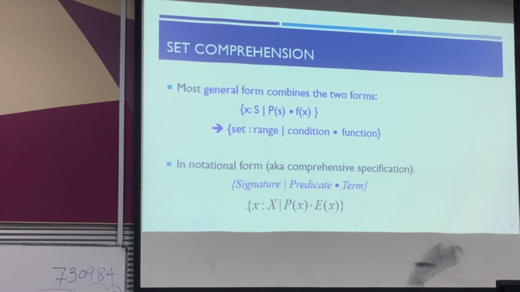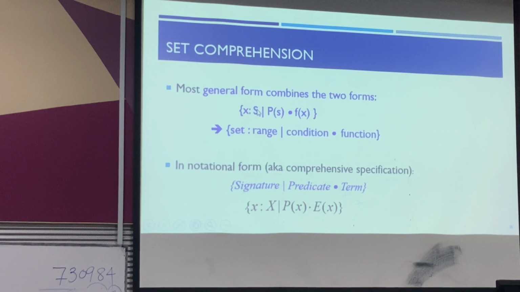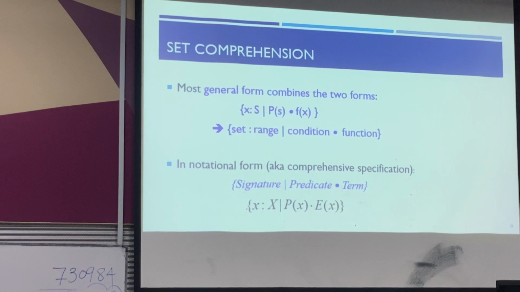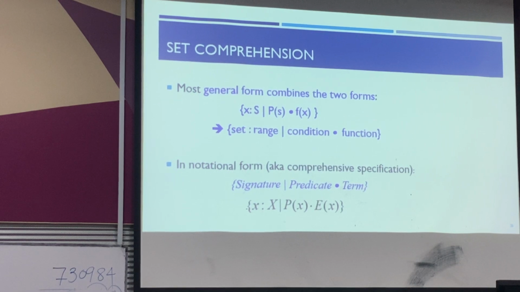So the general form, the part here is the signature, the declaration part, easier to say. Then your condition, then your function. So the arrangement is like that. You have the declaration, bar, your condition, then a big dot, then your operation.